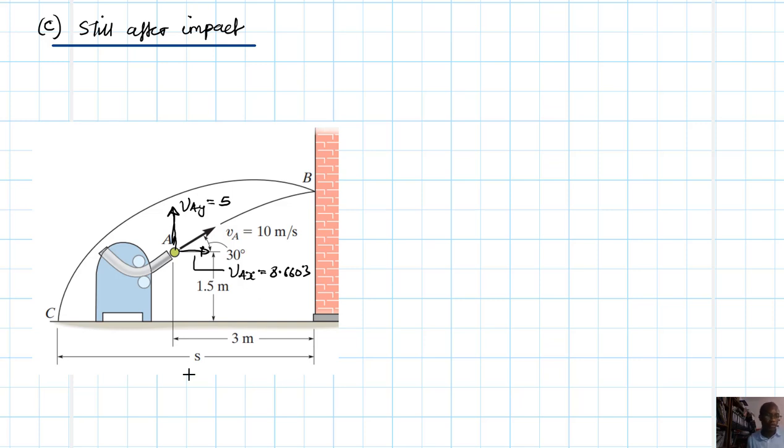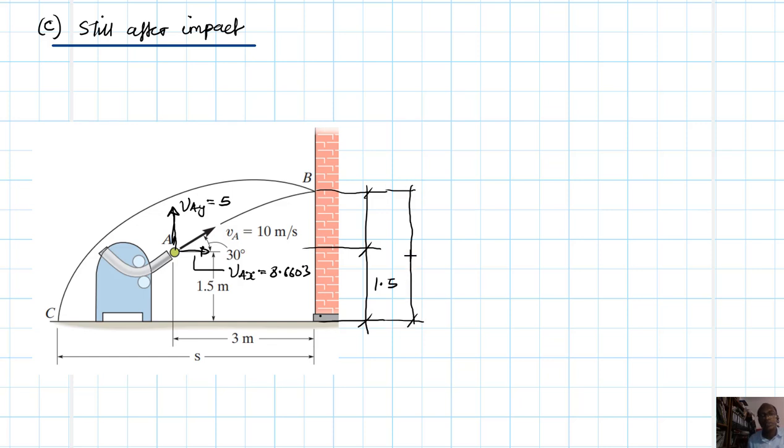8.6603, right? That's 10 cos 30. And then here, this distance here, we know it is 1.5.